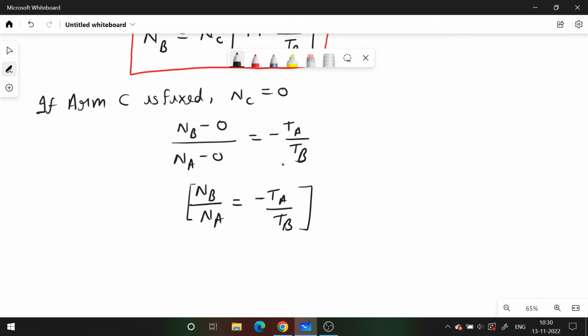This shows that when the arm is fixed, the gear train becomes a simple gear train. The algebraic method is simple and easy to follow and hence mostly used for solving problems on epicyclic gear trains.